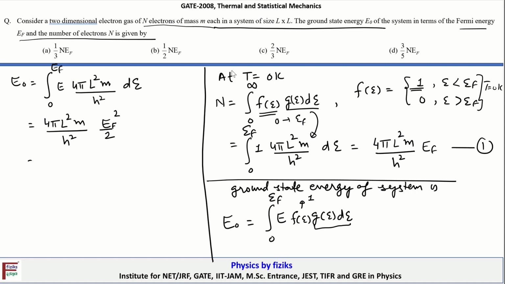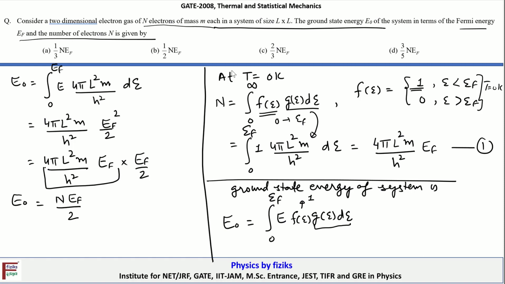And this is nothing but 4 pi L square M upon H square into Ef multiplied by Ef by 2. If we take a look at the first expression here, this is nothing but N. So that means the ground state energy of this two-dimensional system is equal to N Ef divided by 2. Therefore B is the correct option here.